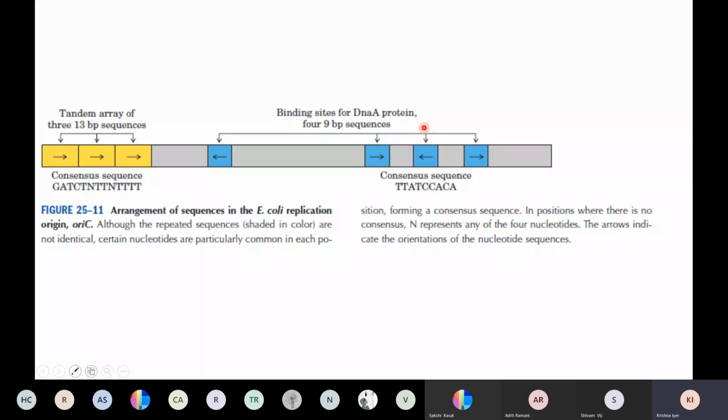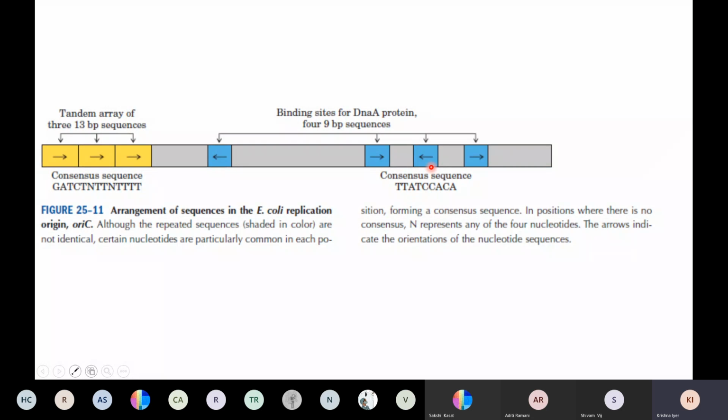So at the origin of replication, you see these two features. One, a repeat of the 13-mer 3 times, of which at least 9 out of 13 are AT. And here 4 sequences which are not tandem but which are distributed, and their orientation might be this way or that way.